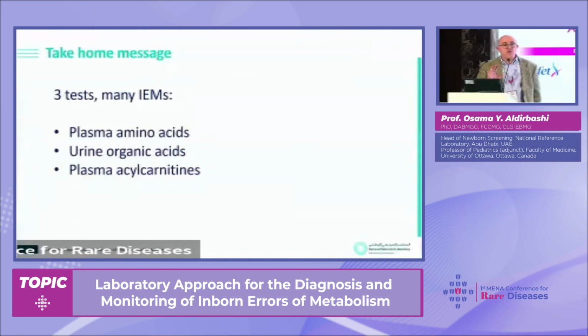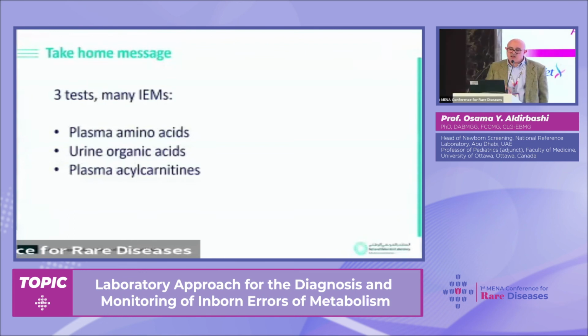All those disorders that belong to the group of fatty acid oxidation usually present with hypoglycemia and hyperammonemia, and can be detected by a simple test of plasma acylcarnitine profiling.